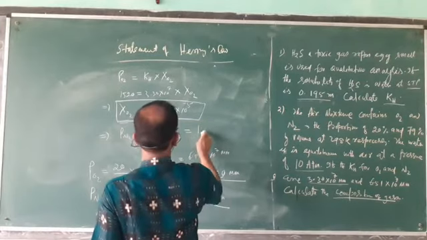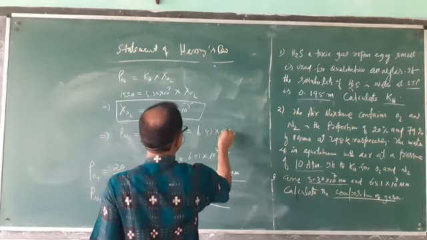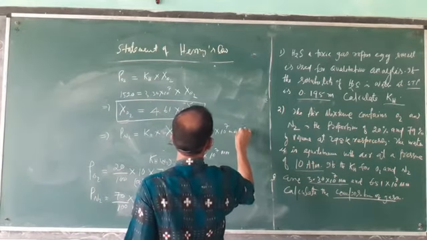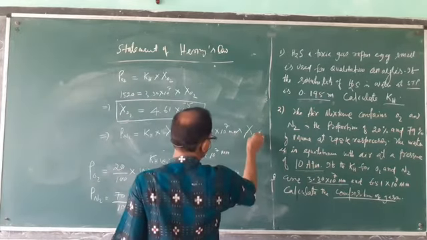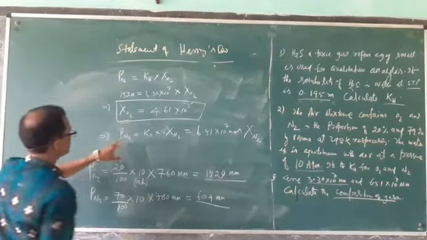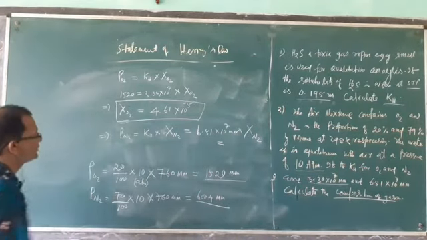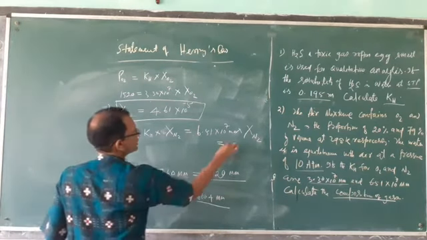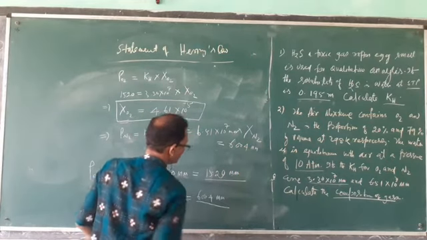KH is given as 6.51 into 10 to the power 7 millimeter, into the mole fraction of nitrogen, which is equal to, as per the question, the partial pressure of nitrogen we already calculated, 6004 millimeter.